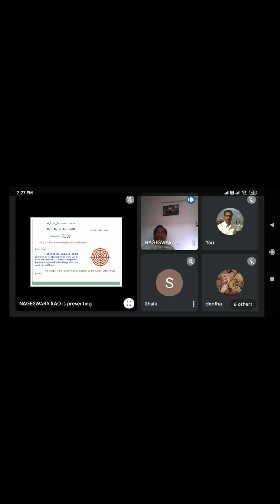Now what do we do next? By counting the number of fringes, the microscope is moved to the extreme left of the pattern, on the crosswire.